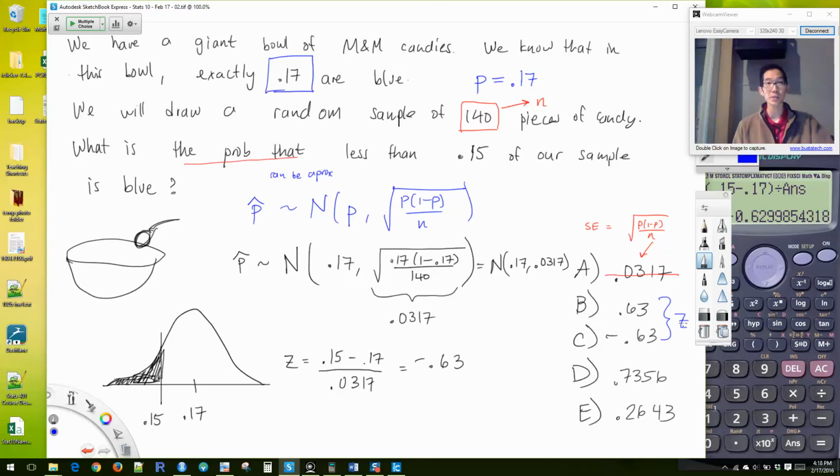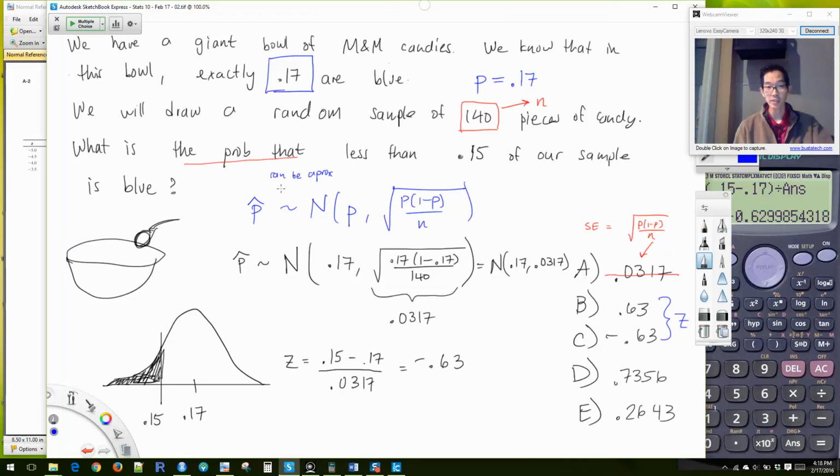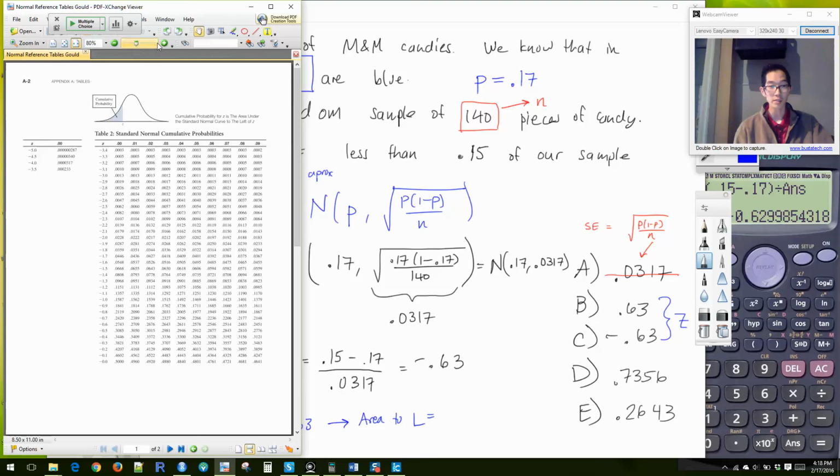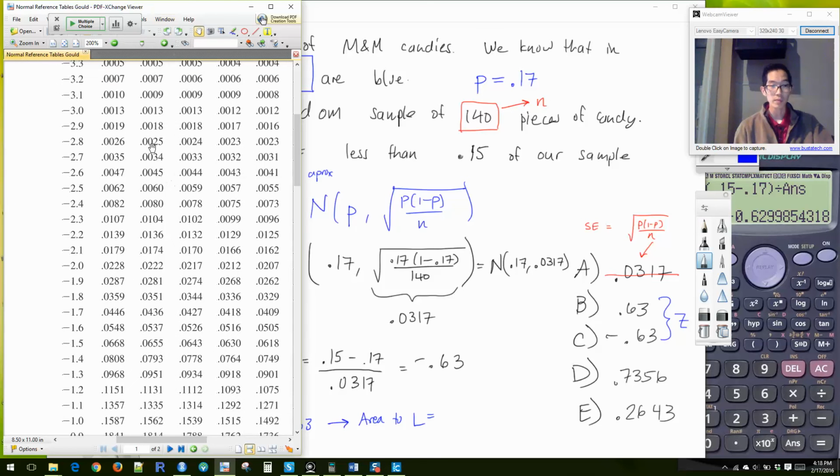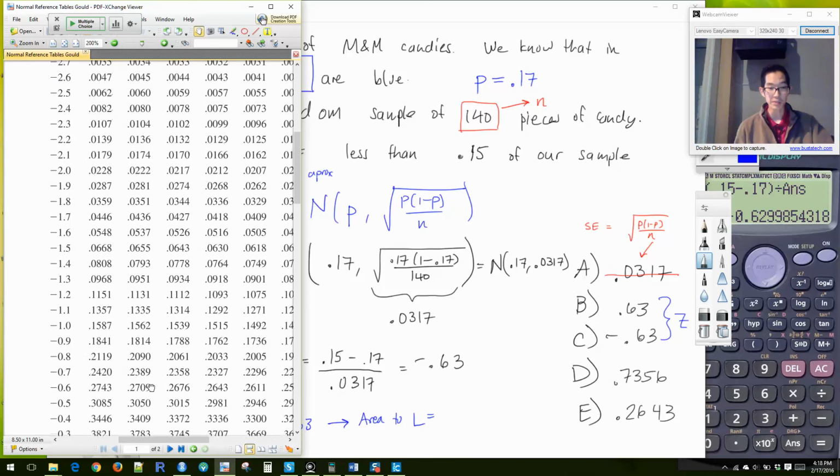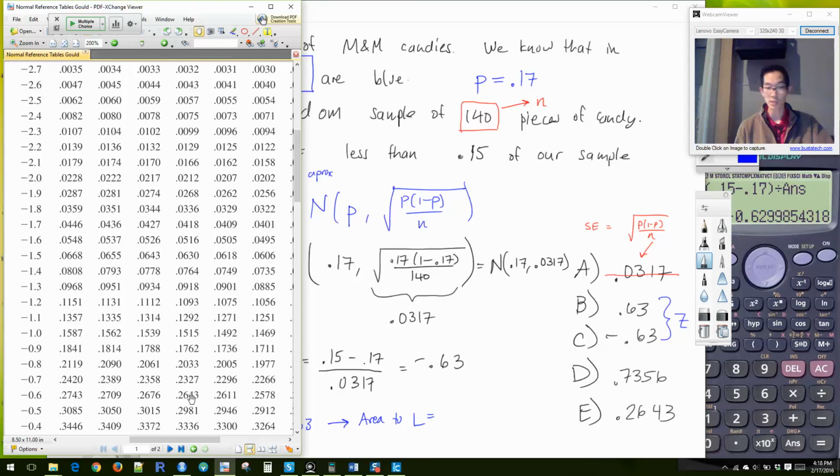This is the z-score. So the last thing we have to do is look up this z-score on our z-table and find the area. What we want is the area to the left. So we're going to look up z equal to negative 0.63 in the table, and what the table says is that the area to the left of negative 0.63 is 0.2643.